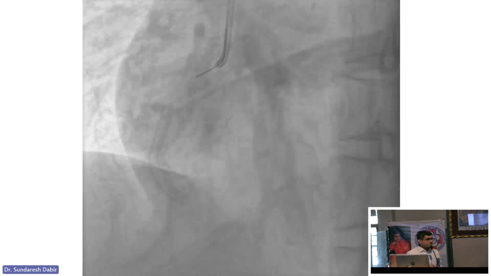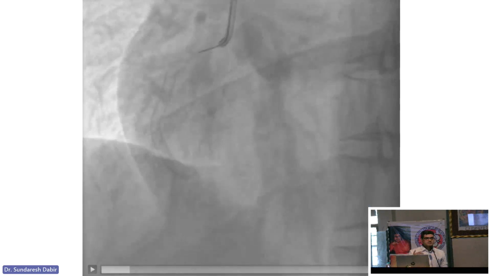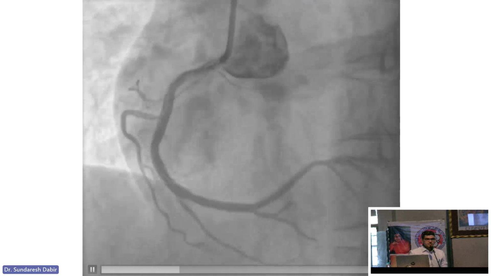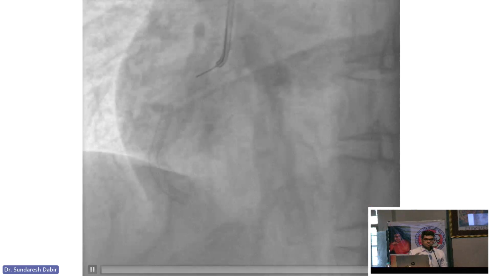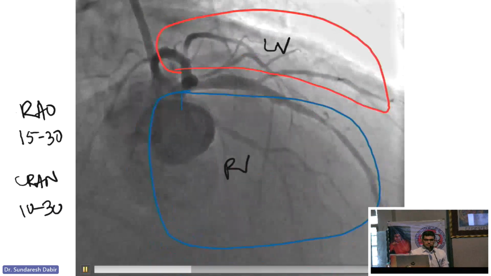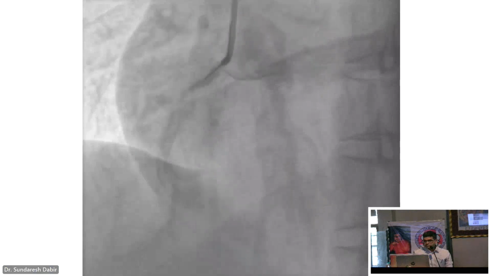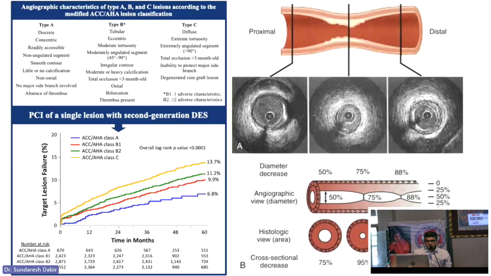So you take cranial views to see the distal RCA. If you want to see the PDA and PL properly, you need to take an AP or a LAO cranial. Otherwise, standard LAO is good for the RCA. If you want to profile eccentric mid RCA lesions, you have to go lateral or take RAO.